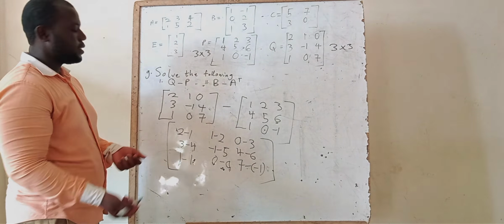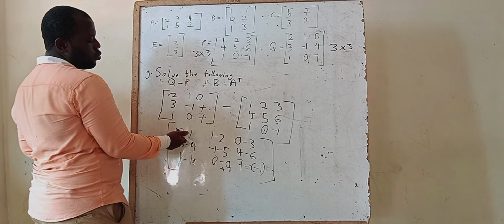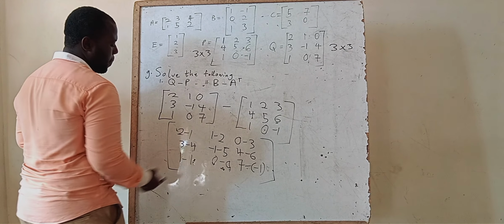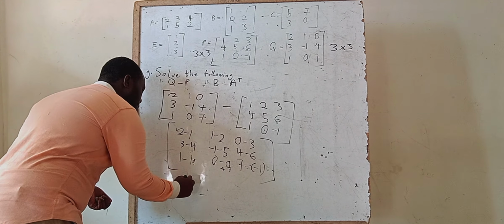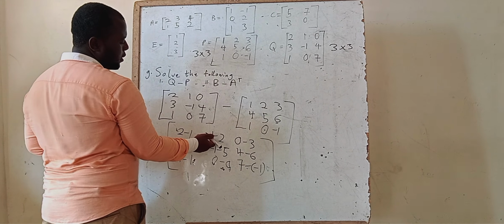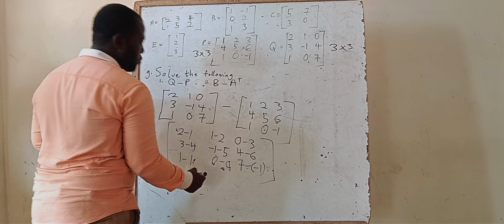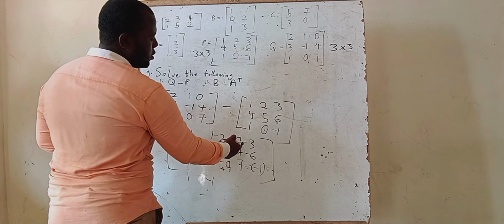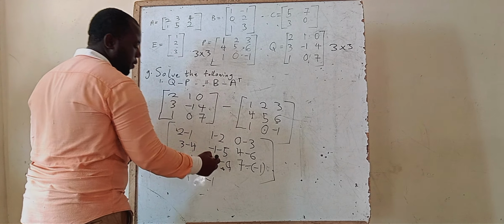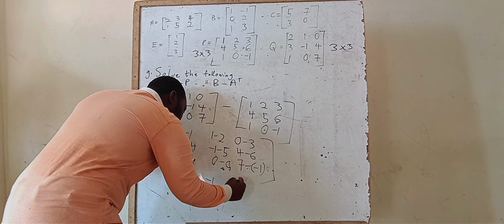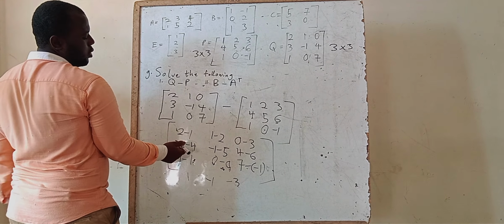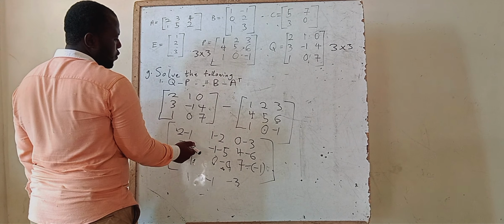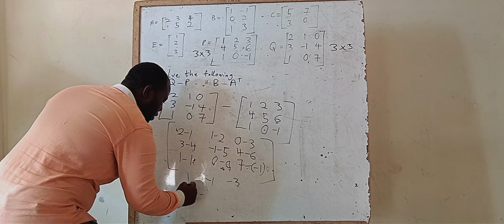So we go ahead and simplify. 2 minus 1 will be 1. 1 minus 2 will be negative 1. 0 minus 3 will be negative 3. 3 minus 4 will be negative 1.